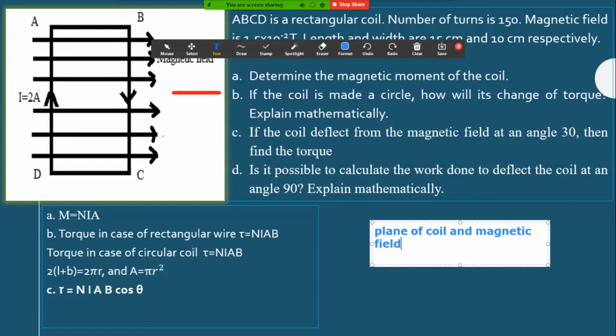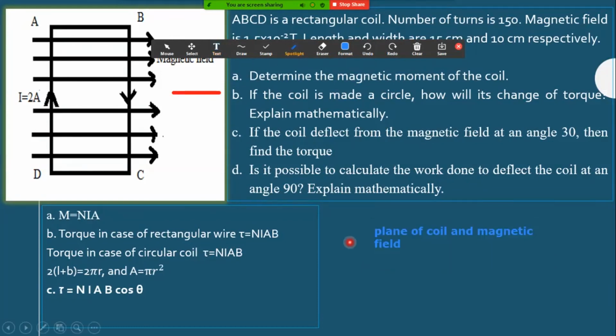Now for D, is it possible to calculate the work done to deflect the coil at an angle of 90 degrees? Yes, it is possible.